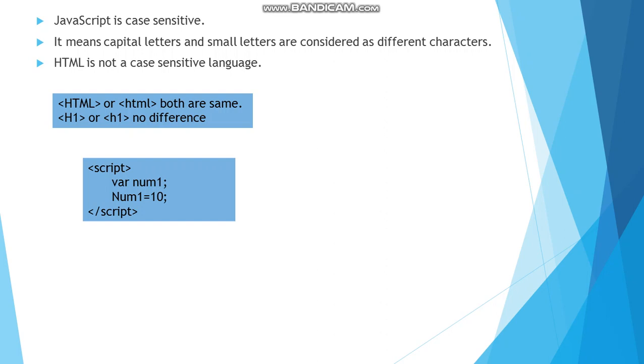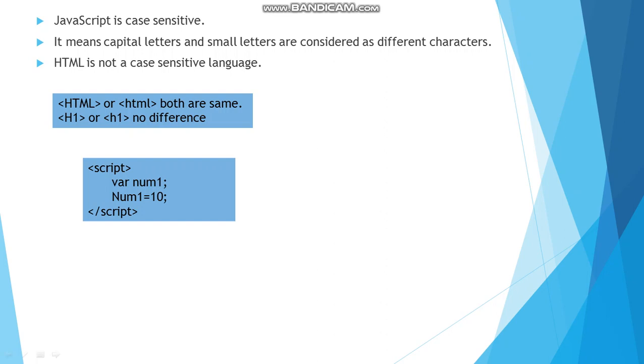Here you can see the script and slash script tag is used. Inside we have used two statements. First is var num1. Remember here, num1 is a variable. A variable is a name in which we can store some information, either a number or any text.